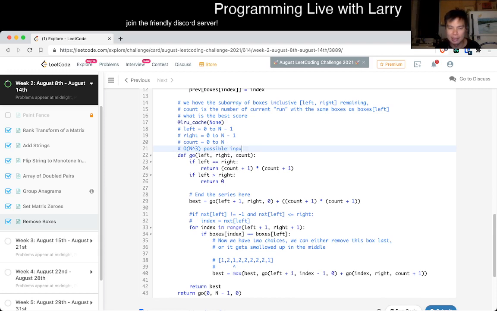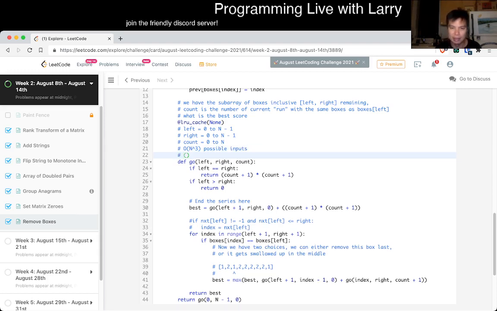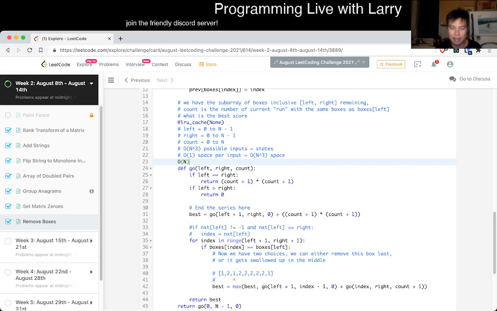The number of states is O of n cubed, and O of 1 per input, so you got O of n cubed space. For time, it's going to be O of n time per input, so it's going to be O of n to the fourth time. That's all I have for this one.